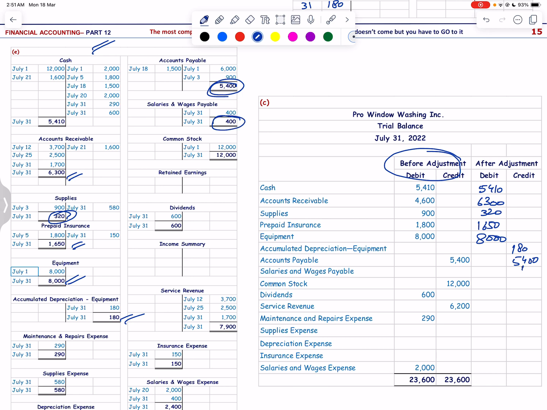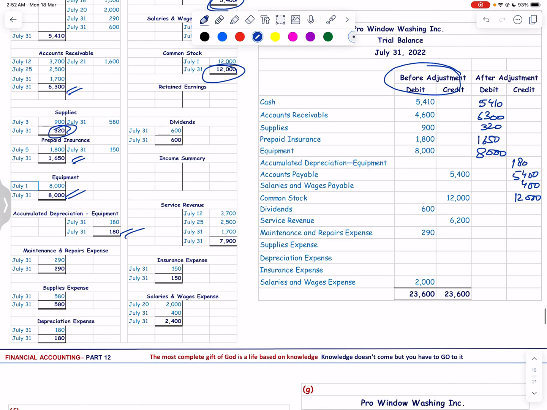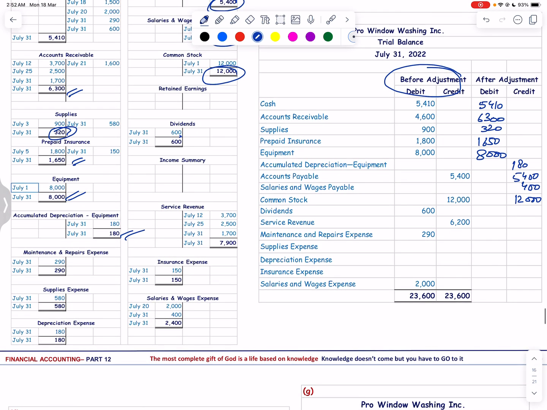Then we have dividends, and dividend is how much? Dividend is 600. Then we have service revenue, and service revenue now is 7,900. Maintenance has a balance of 290. Supplies expense is 580. Then we have depreciation expense. Depreciation expense is 180.